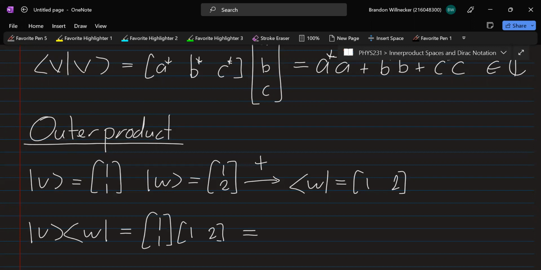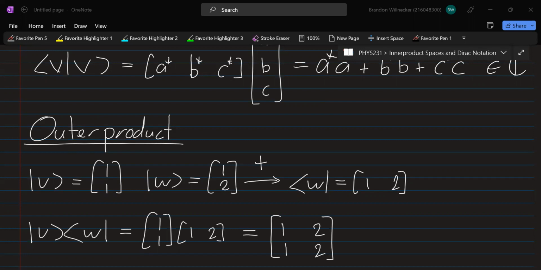Now, if we do the usual matrix multiplication, this won't give us a complex number, because the row and column numbers don't match to give us a single number. Instead we're going to get a 2 by 2 matrix. Doing matrix multiplication, we get 1, then 2, then 1, and then 2. So we get a matrix.